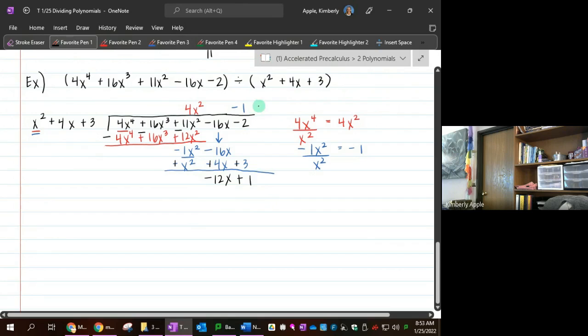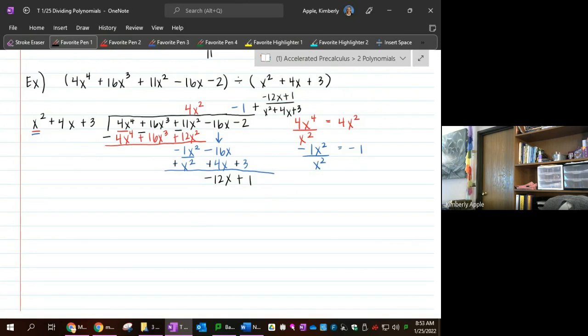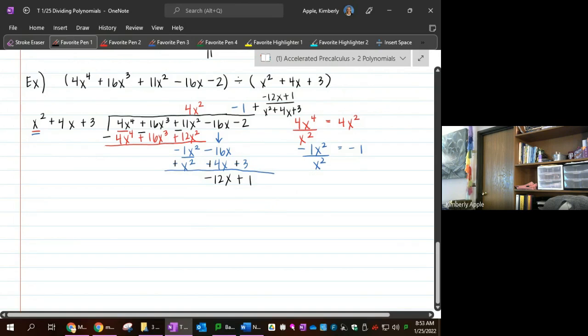Well, this is your remainder: plus negative 12x plus 1 over x squared plus 4x plus 3. That's why I said this one's super gross and nasty. This will not be the norm. I just wanted you to see it.